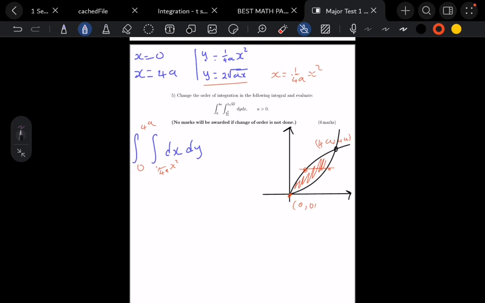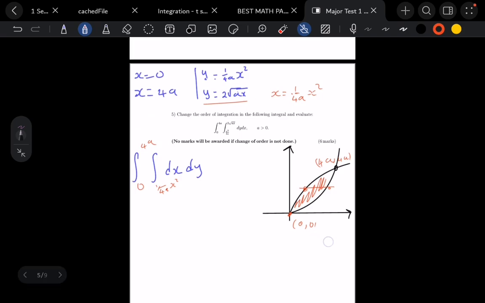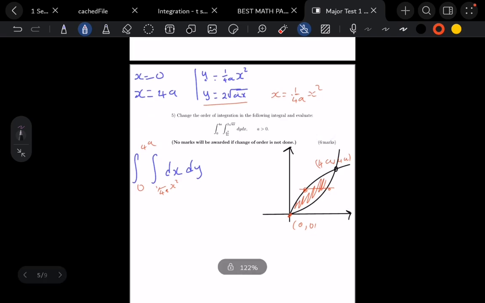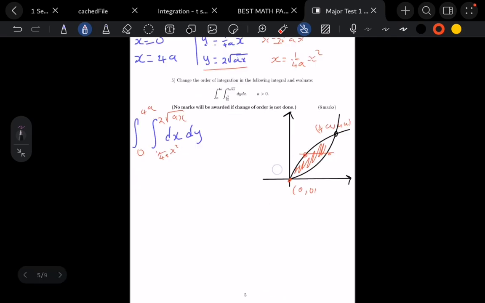And the top one, just hate it when they do it in this way. x is equals to the square root of 2ay. So it's the same thing, by the way.